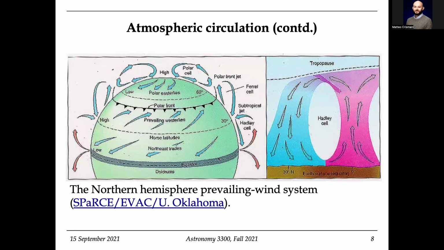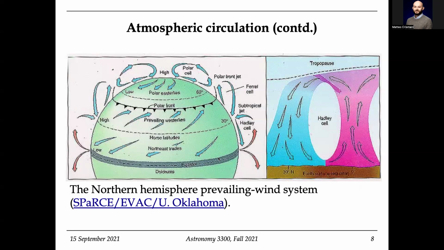And here's your cell. Right, hot, cold, sink. This is the equator. 30. Right, and we might say to ourselves, well, it's not exactly like what I thought it would be, and that's mostly because it is a fluid, so you still have to do fluid dynamics.